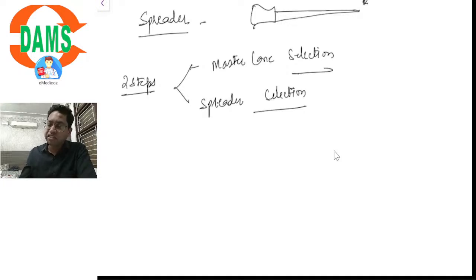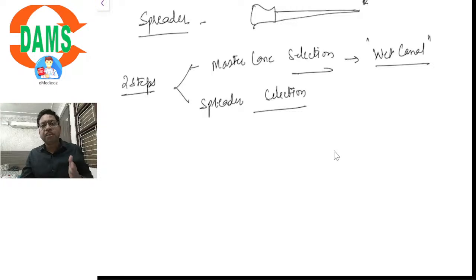See, master cone selection we have to do in a wet canal. Why wet canal? Because whenever we would be obturating, the root canal is always coated with some sealer. So before putting the sealer, we have to select the master cone, and that selection of master cone is done in a wet canal and not in a dry canal to simulate the actual obturation conditions.